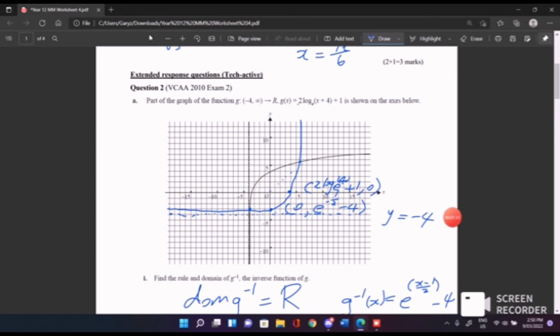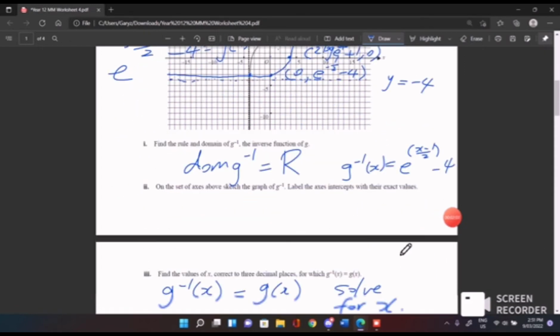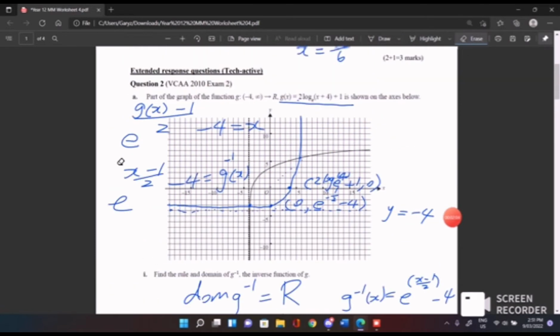We swap x and y around for this equation, so we get x minus 1 on 2, raised to the power of e, then minus 4, is equal to x. Then we swap g of x and x, so we get x minus 1 on 2, e to the power of all this, minus 4 equals g inverse of x, because we're taking the inverse. So that's how I got this answer.